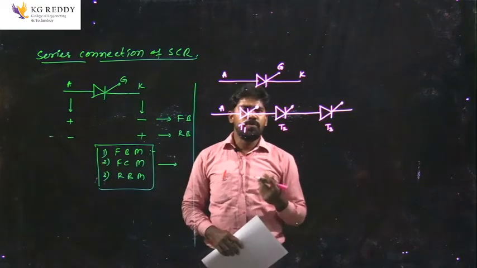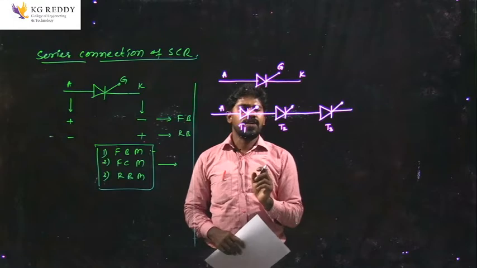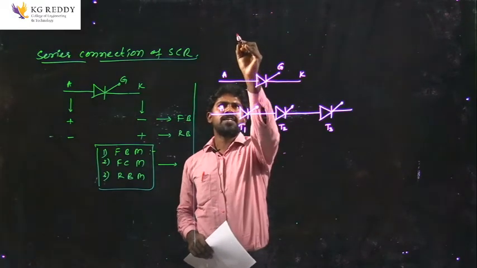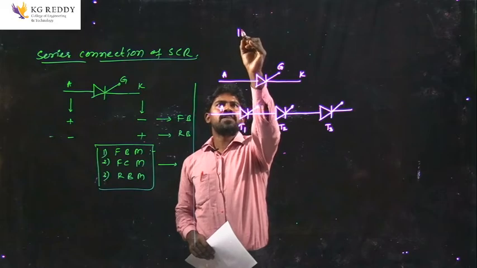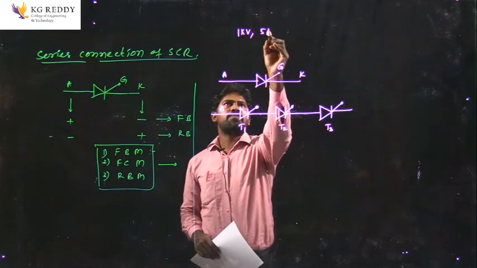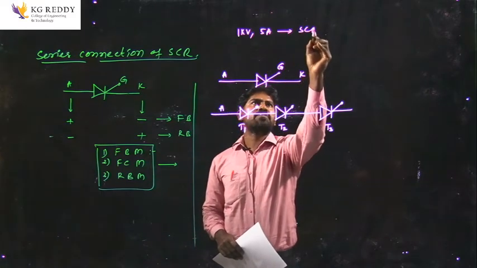My aim is to increase the voltage rating. For example, this is my SCR rating: 1 kilovolt and 5 amperes.